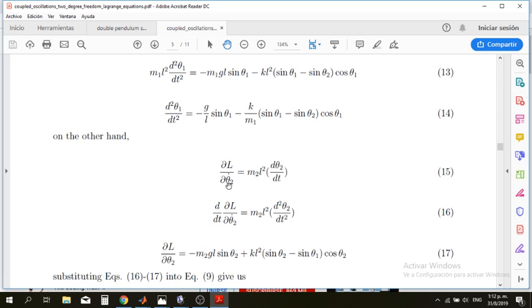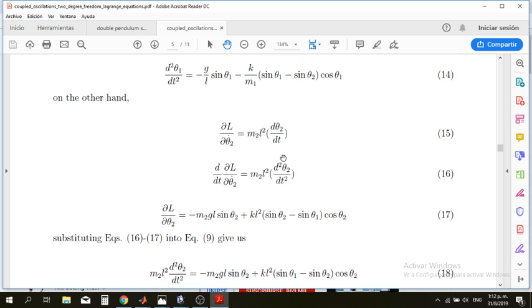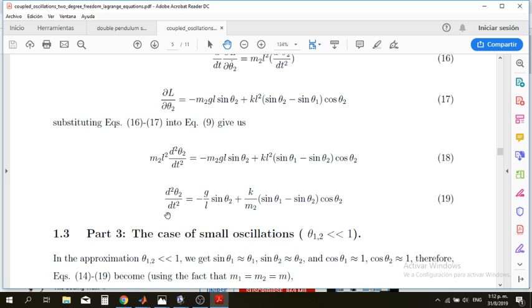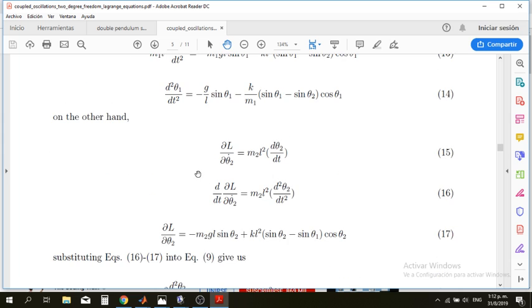Using the same calculations, here I show you all the calculations, we get the equation of motion for the second pendulum, the governing equation for the second pendulum. Look, it's very similar to equation 14 for the first pendulum.